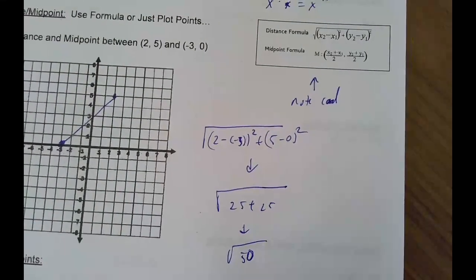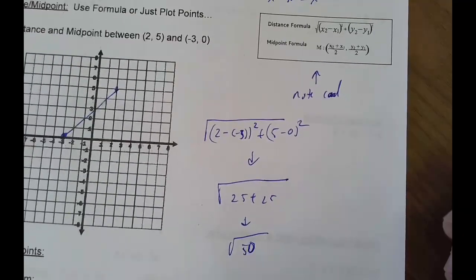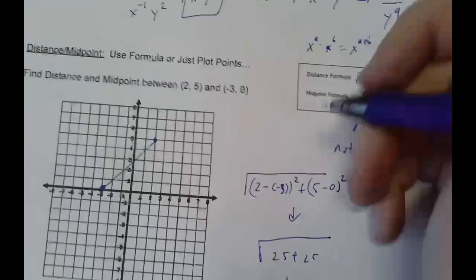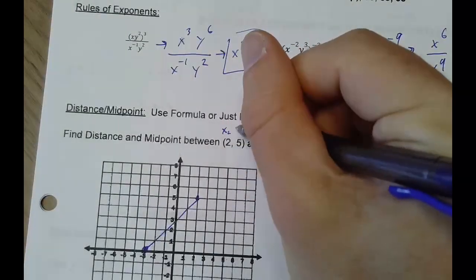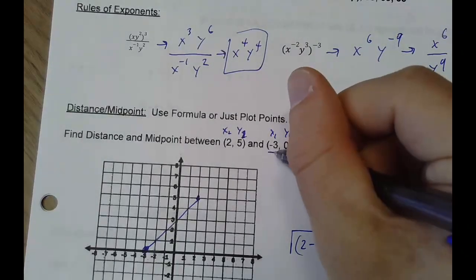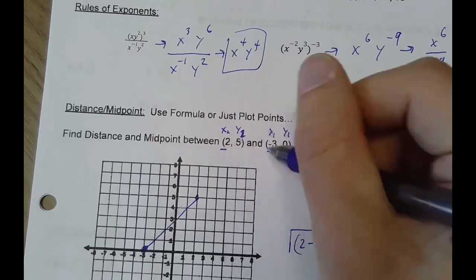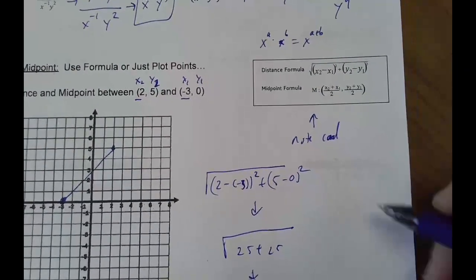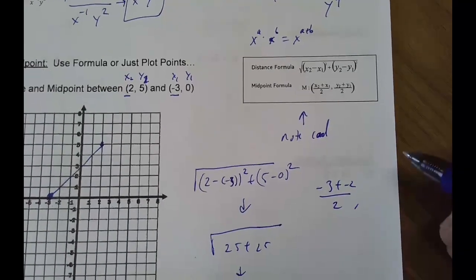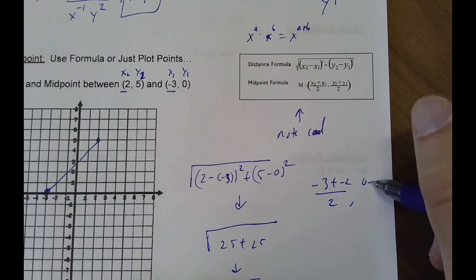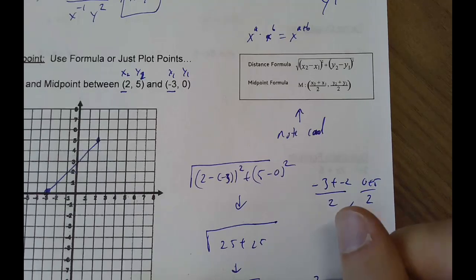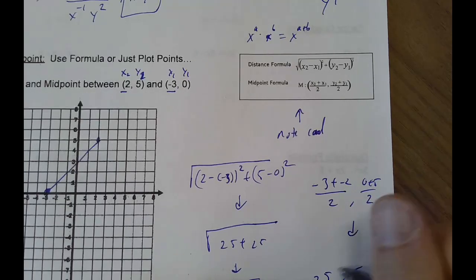And then the midpoint would just be the average of the x and the y coordinates. So, okay, I'm just going to label them up here. This is x2, y2, and this is x1, y1, just because this is the first x and this is the second x sequentially, right? So negative 3 plus 2 over 2 comma 0 plus 5 over 2.